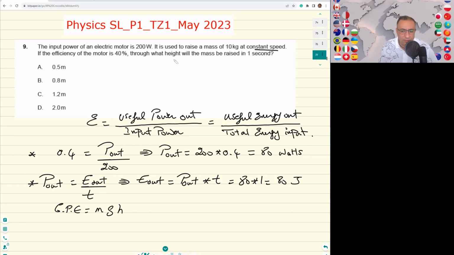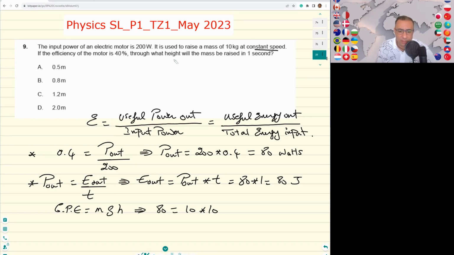Now we know the energy, which is 80 joules. So 80 joules is going to be m, which is 10 kilograms, multiplied by g. Now g is 9.81 if it was paper 2. If it's paper 1, by default, we use g as 10 meters per second squared. That's the default in paper 1 in physics IB.